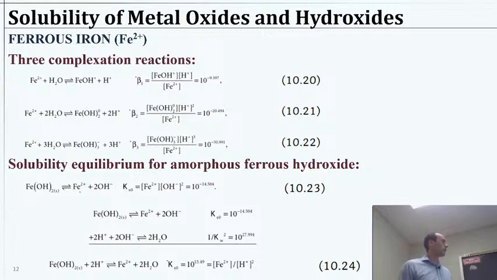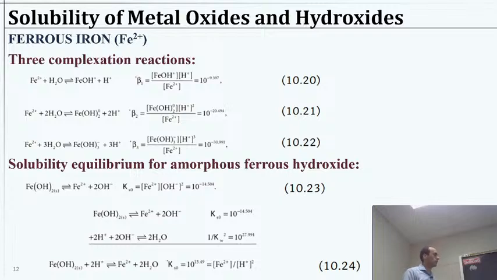So we do this trick down here where we could set it up this way with the Fe2+ plus 2OH minus, but we could also invert it to deal with H+, like we're used to.